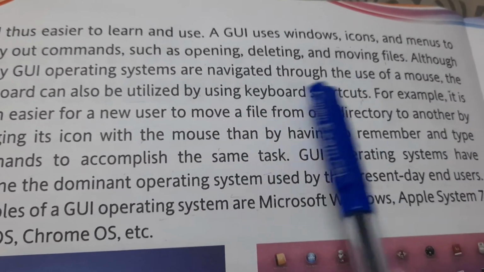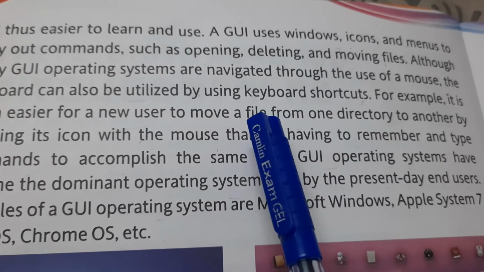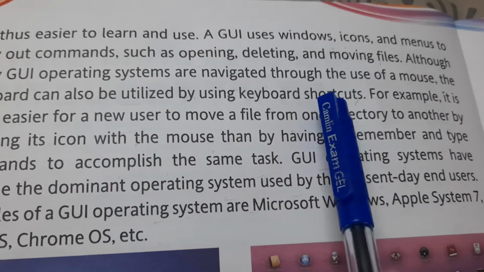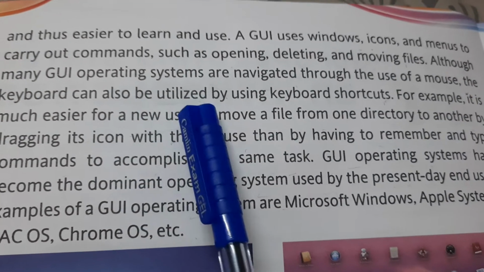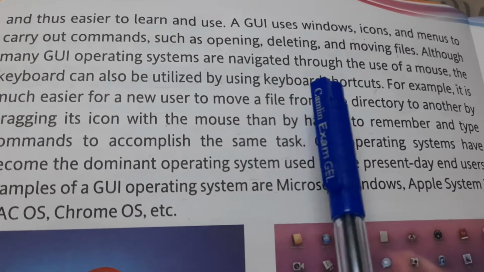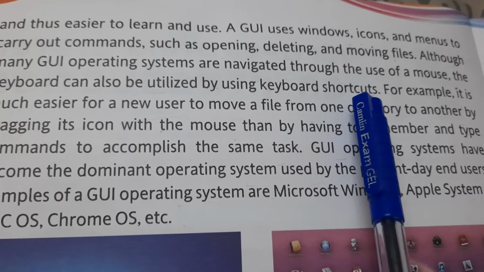Although we use the mouse to a great extent when we are working on a GUI operating system, we can also use the keyboard as well. But for that we have to learn keyboard shortcuts, which you will be studying later in this class.